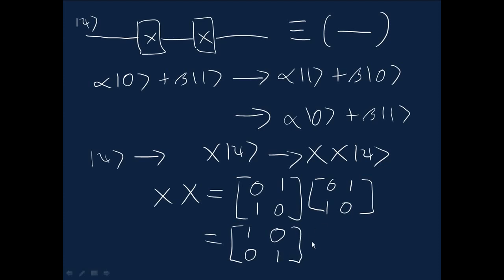So that's the identity matrix, the 2 by 2 identity matrix. And as a result, whatever the input is gets taken to the identity times the input, which is just the same as the original input. So this is a more algebraic way of seeing that the effect of 2 NOT gates in a row is just the identity.